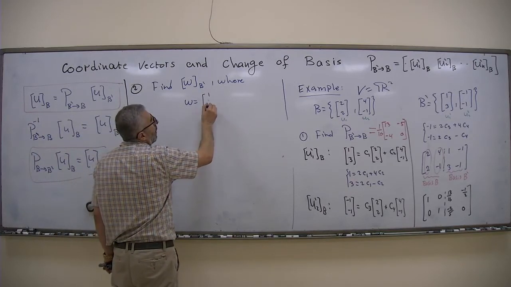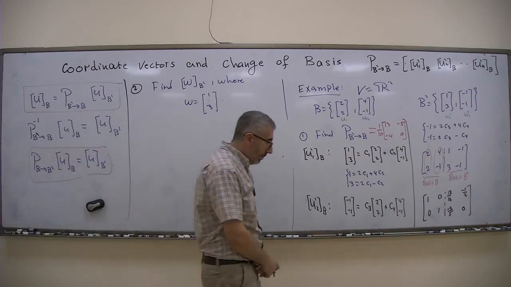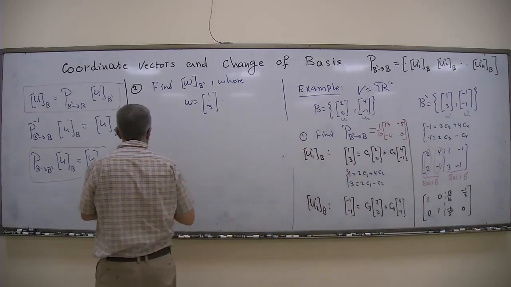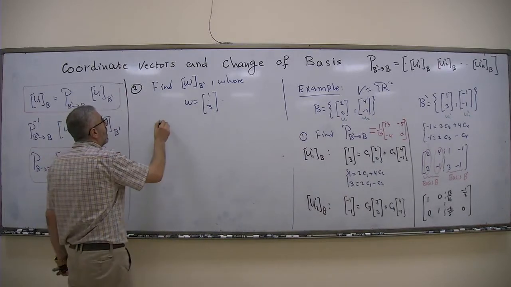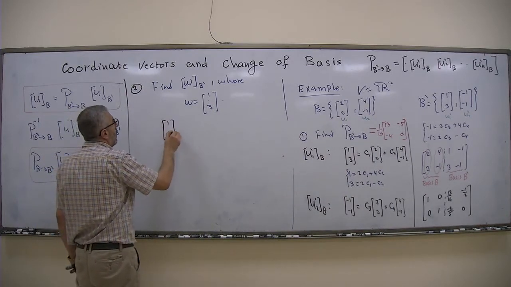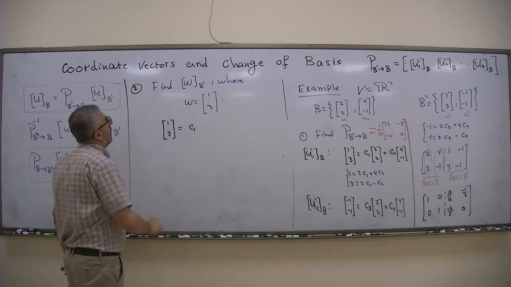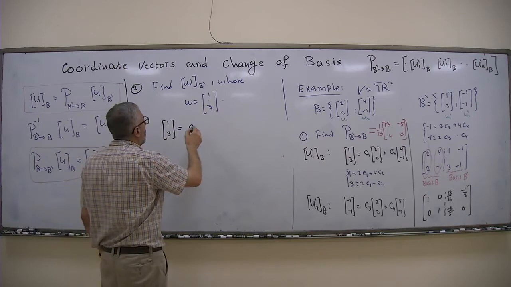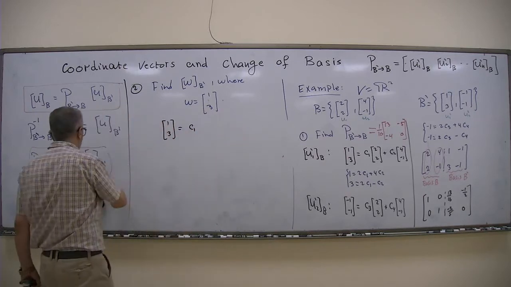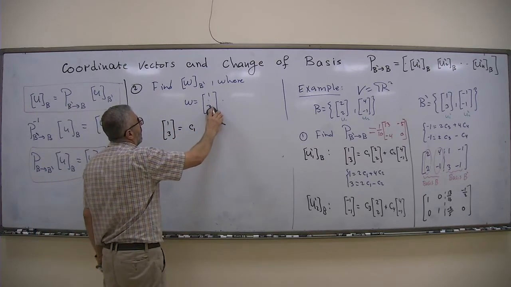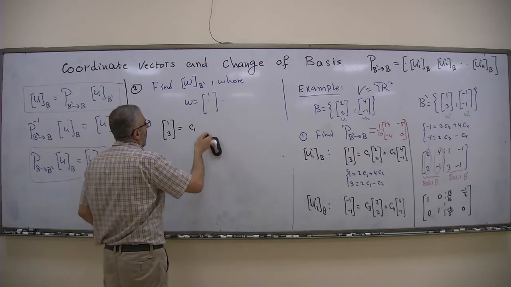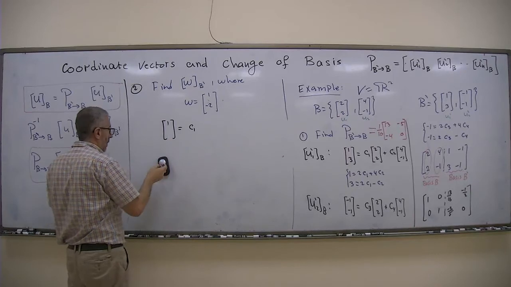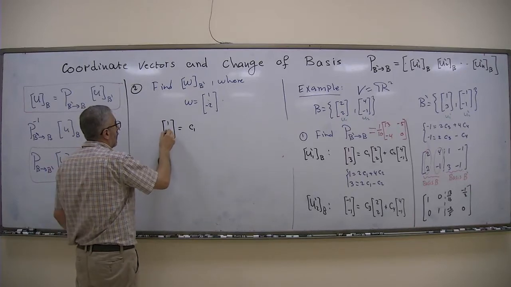What does that mean? It means you write it as a linear combination. So let me make it more interesting. Let me make it 1 and negative 2.